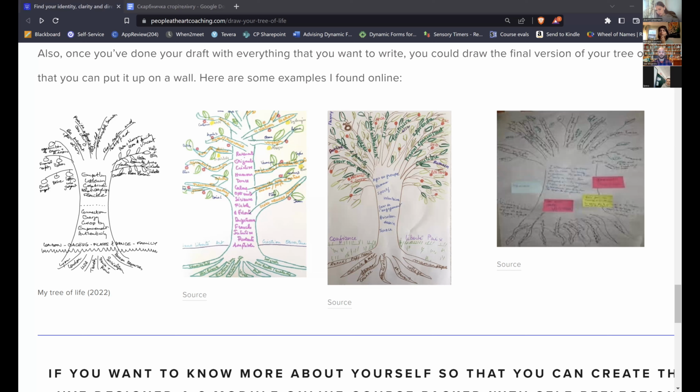Ви не хочете включати ці речі у ваше дерево, але ви не можете ігнорувати те, що ці речі є у вашому житті, тому що вони все одно є, навіть якщо вони вам не подобаються і навіть шкодять вам.